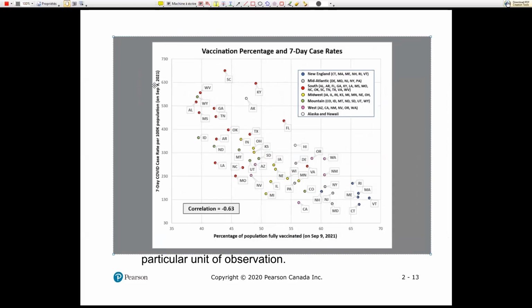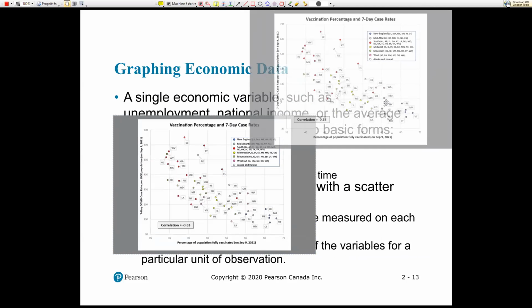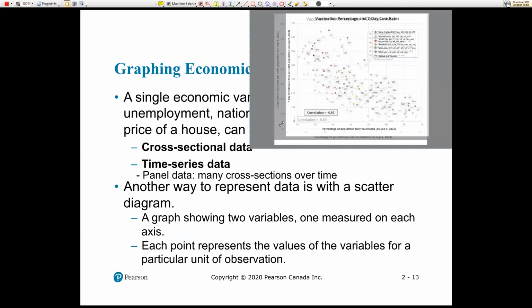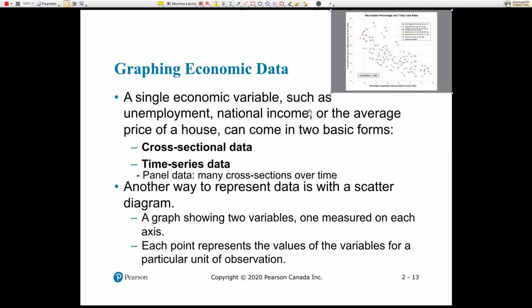What you are looking at is, does vaccine cause people to be less infected? If you look at this, then it looks like it does. So that's a neat way to represent your theory. Your claim here is that vaccines cause fewer people getting sick. That's just an example of cross-section data, over one single period.